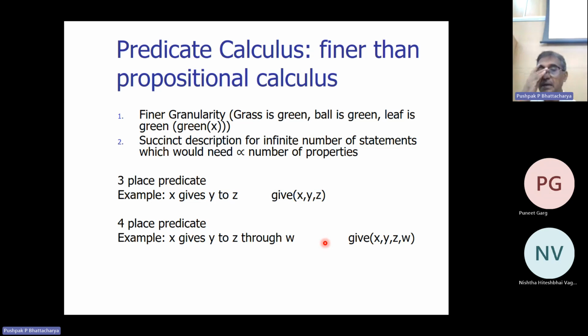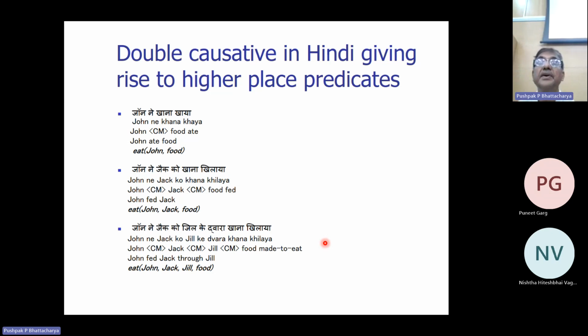It is universal because let's say if you convert language to predicate calculus, it works for any language. So for example, if we take Hindi. In Hindi, there is a phenomenon called double causative. Okay. John ने खाना खाया. John ने Jack को खाना खिलाया.